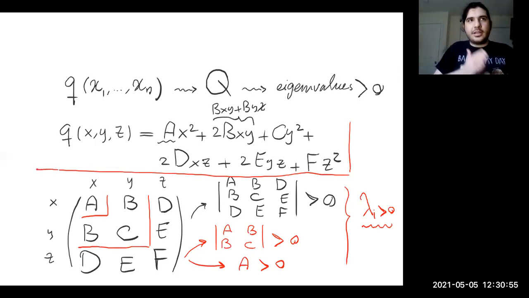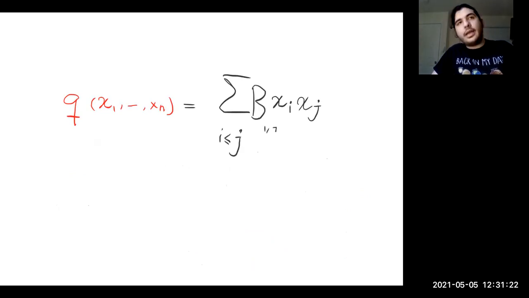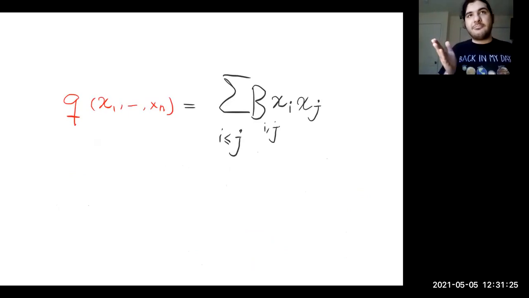For any number of elements, say x1 up to xn, we would have Q of x1 up to xn, and it would be something like the sum of xi xj, say when i is less than or equal to j, multiplied by bij. So it takes a vector, multiplies them with some coefficient, and takes the sum. That's the definition we set up here.